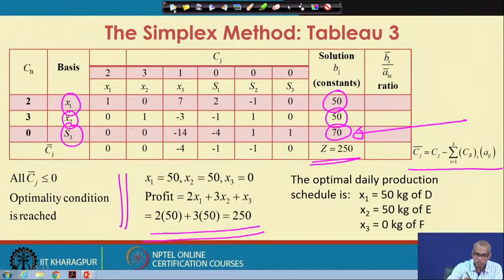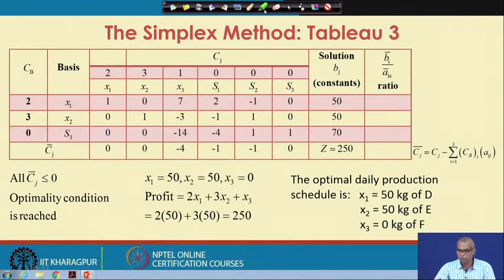So, the production schedule is that we produce 50 kg of D per day, 50 kg of E per day, but do not produce any F. According to the data shown or whatever data we have considered, the optimal daily production schedule is 50 kg of D and 50 kg of E, no F. That will maximize the profit.